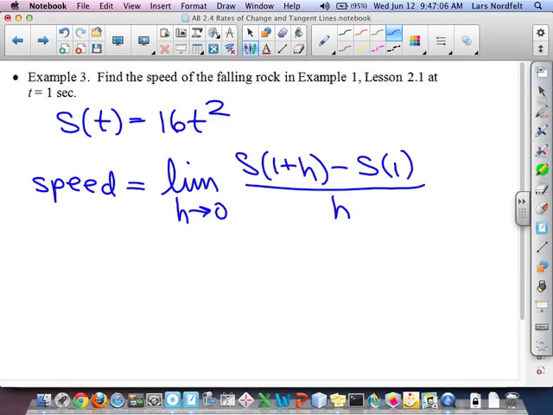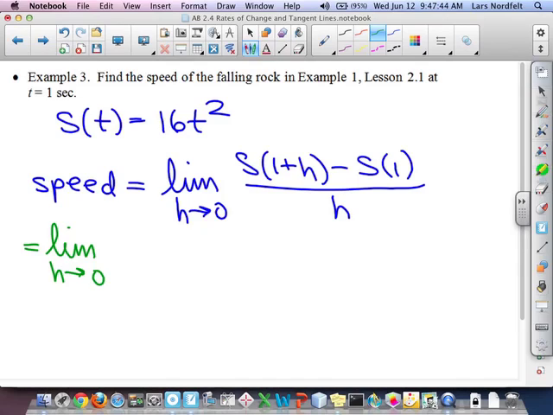What's that? Instantaneous rate of change is the same as the slope of the tangent line. So this is the limit as h goes to 0. What's s of 1 plus h? The equation is like 16t squared.